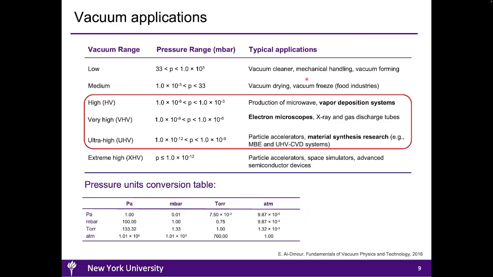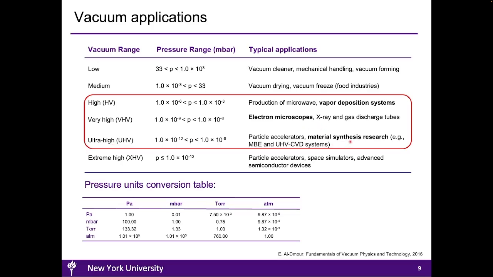Let us now review some of the applications of the vacuum systems in semiconductor manufacturing. The high vacuum is typically used for vapor deposition systems, such as evaporation and sputtering. The ultra-high vacuum, or UHV, is used predominantly for material synthesis in research settings.